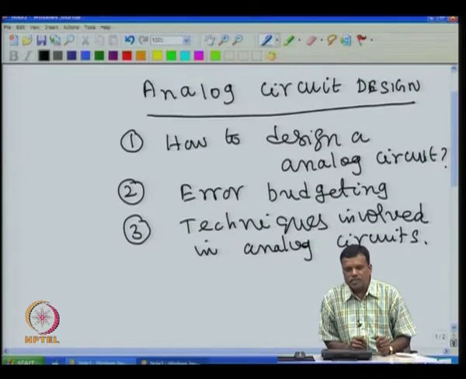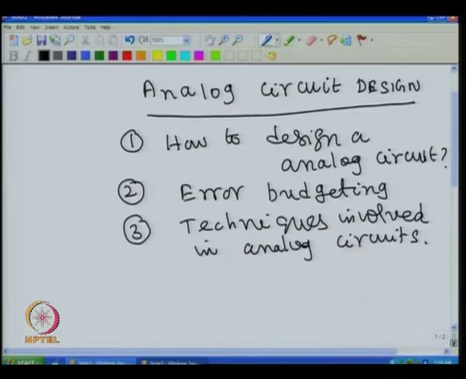Analog circuit design is partly an art, partly a science, because you need a lot of analytical thinking to put together these components in a working manner, so that you will get the desired result. And designing analog circuits needs a lot of analytical thinking and a lot of experience as well. So, you have to keep doing many circuits, then only it will come to you.